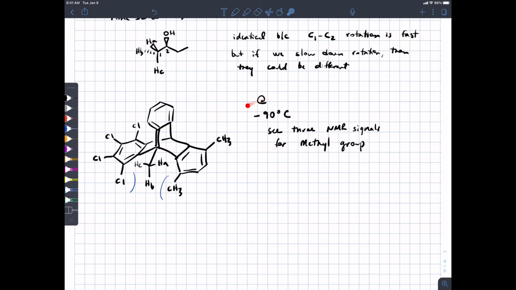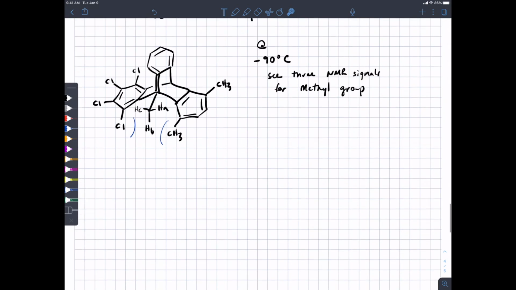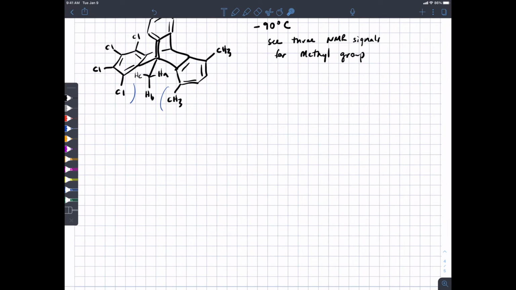So the fact that they could do so at a temperature you can get to basically if you have dry ice and acetone is pretty impressive. Okay, so if you can restrict rotation around carbon-carbon bonds, then protons in a methyl group can be different.